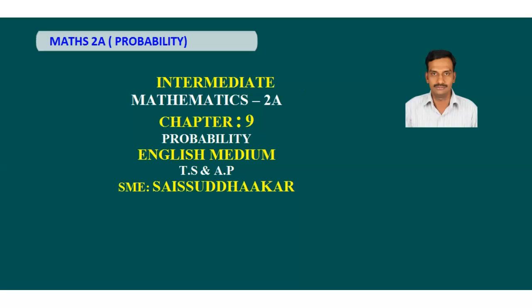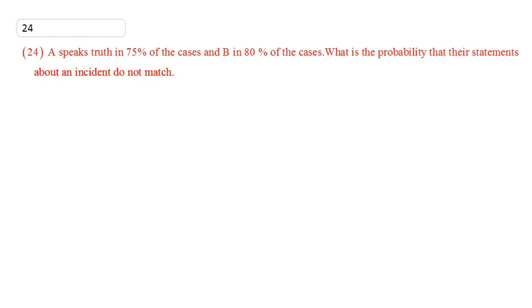Next, question number 24. So here in this question, A speaks truth in 75% of the cases and B in 80% of the cases. What is the probability that their statements about an incident do not match? So here 75% is given.